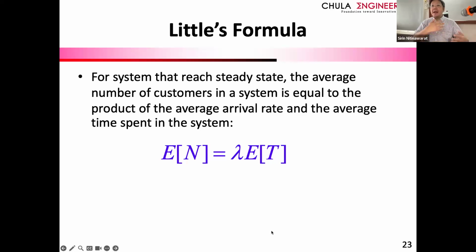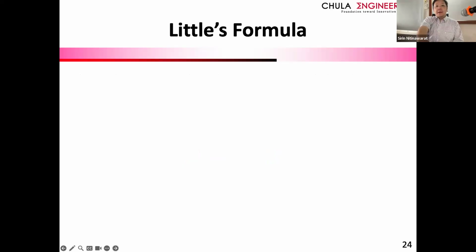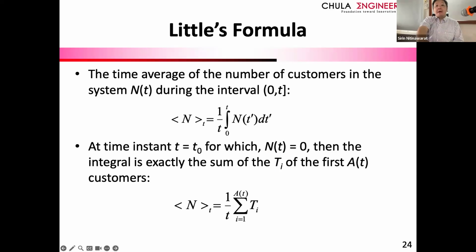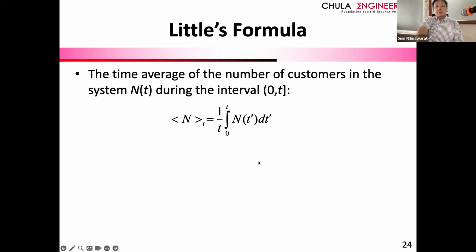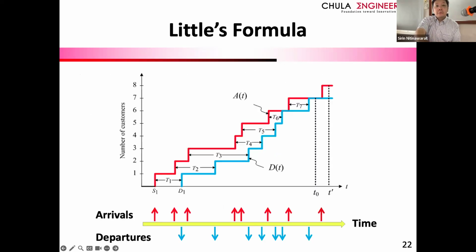Now I know that there's AT, DT, right? Then the quantity that is related to the left-hand side should be, we could start from, the time average of NT. How does that look in terms of the plot? What is that average in terms of the plot?